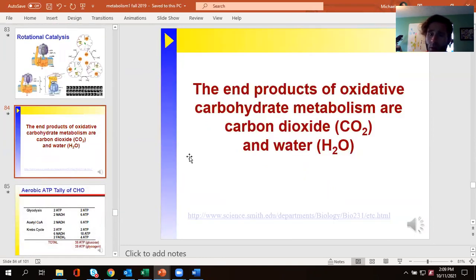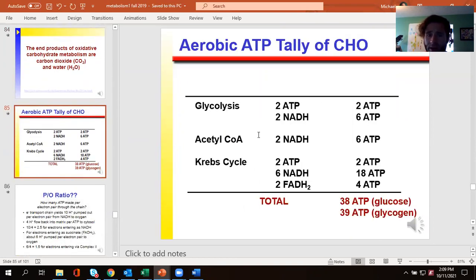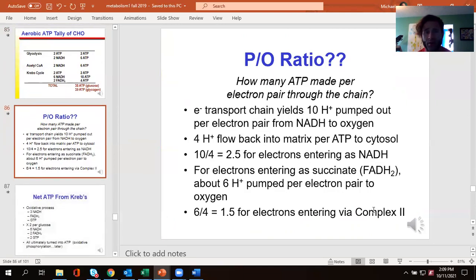So at the end, we're left with carbon dioxide and water. That's it. But when we tally together all the ATP and the NADH from glycolysis, converting pyruvate into acetyl-CoA, and then from the citric acid cycle together, we see how we get this massive gain of energy. And so how much we're going to get is not going to be that pure 3 and 2 number you saw earlier. It's more like 2.5 and 1.5.